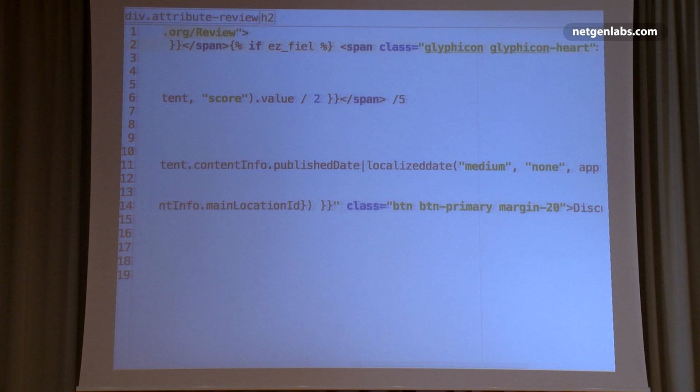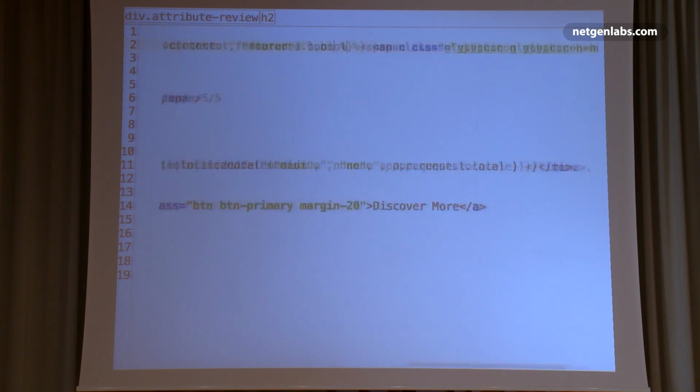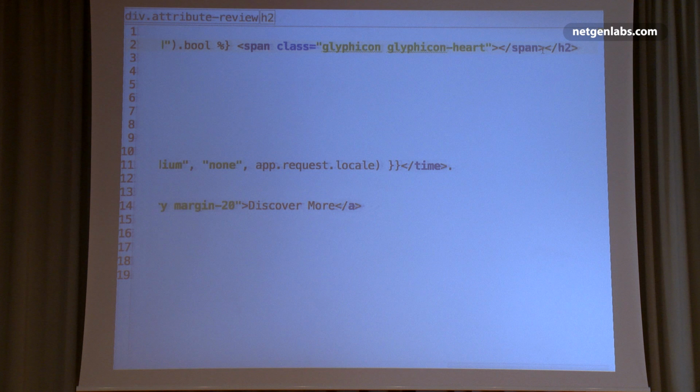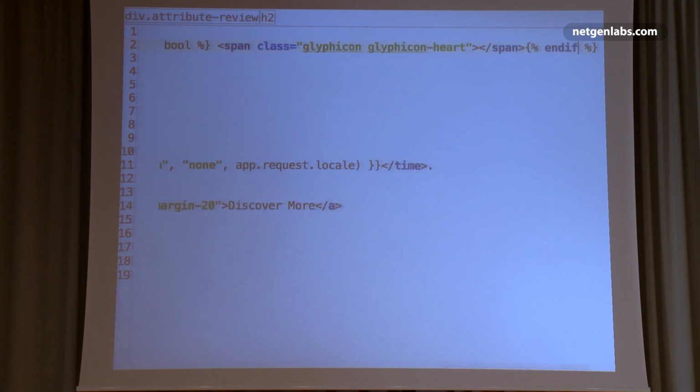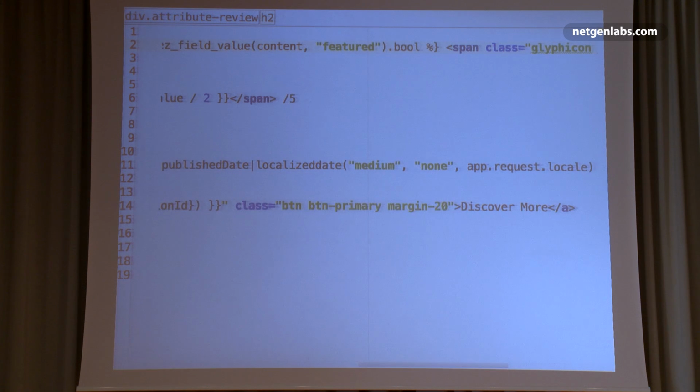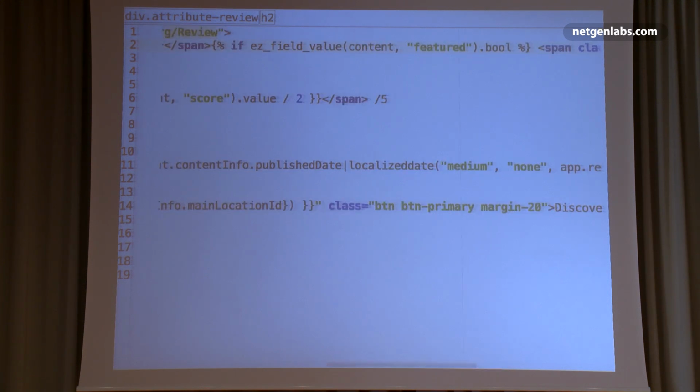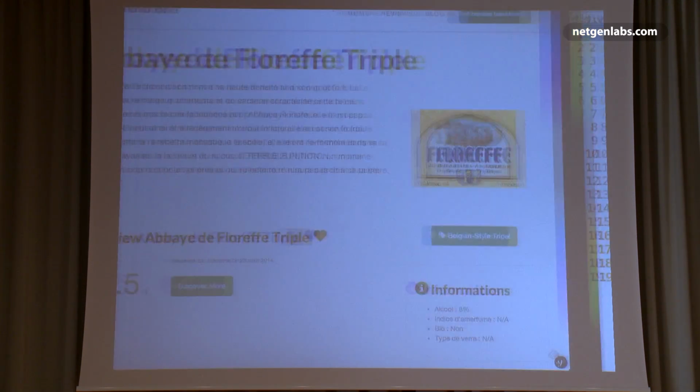One thing to note here, if we had overridden the template to render this field, we could just have rendered it in both templates in the same way, avoiding having to do the if, because the if to show the glyph would have been in our override template and would have been reusable. So that's one good point about overriding. You can create a list of common elements which you can use all over the place and make maintenance much easier and development much faster. I think that should be good.